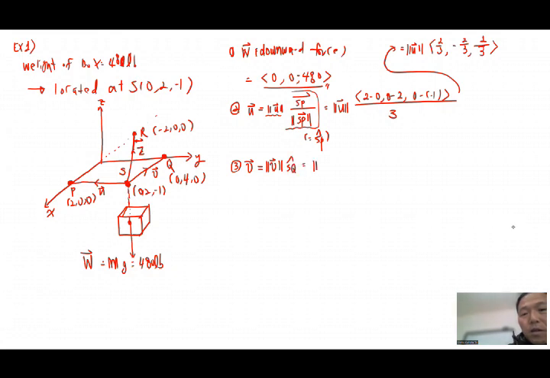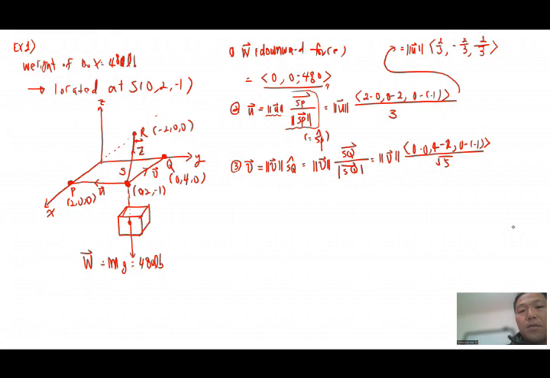It is the magnitude of vector V times SQ over the magnitude of SQ. That is force V times (0 minus 0, 4 minus 2, 0 minus -1) over the square root of 5, which is the magnitude of vector SQ.